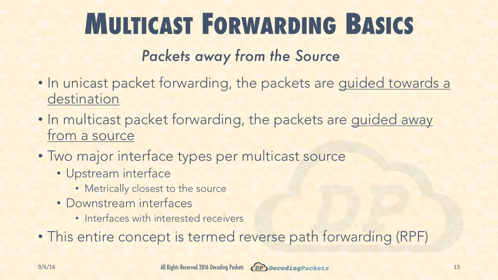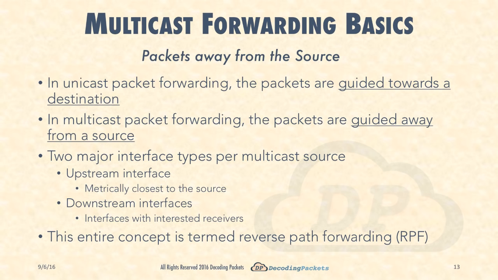So the singular is used here because out of all of the available ECMP routes or ECMP interfaces, the multicast routing table for a certain multicast route will only pick one. So it'll hash out the contents of whatever packets you're needing to forward, and you would pick one. So one upstream interface per multicast source and really multicast group. And this happens to be the metrically closest interface to the source.